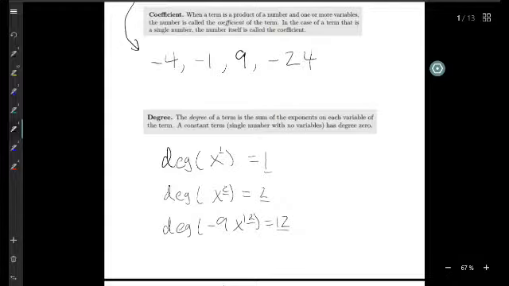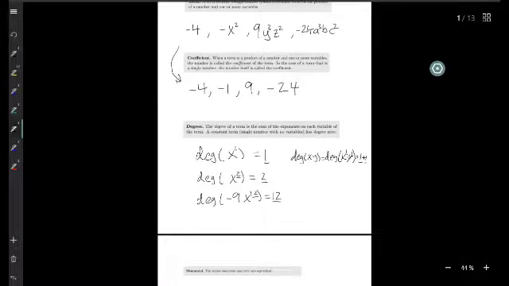When you have multiple variables, then you have to add exponents. So the degree of xy is, well, the degree of x times y is the degree of x to the first times y to the first, which is 1 plus 1, so 2.